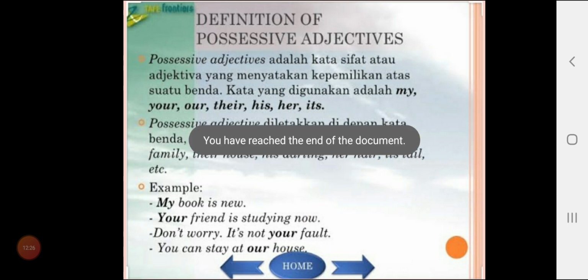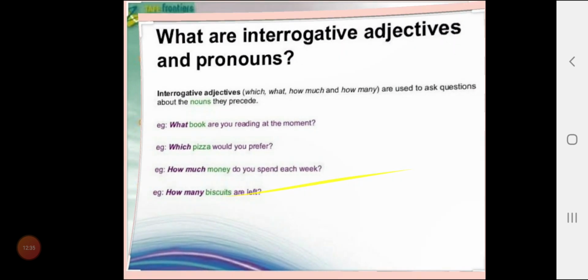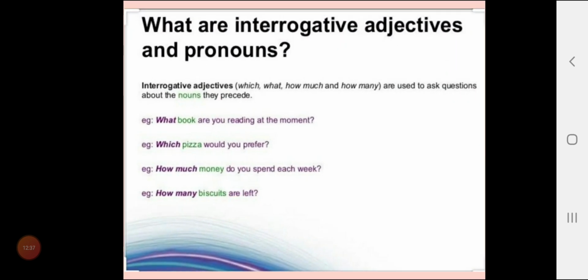Now the difference between adjectives of quantity and adjectives of number. Move to those slides. You have to learn how to differentiate between them. Adjectives of quantity are used with uncountable nouns like sugar, rice, milk, wood, steel. You cannot count them.